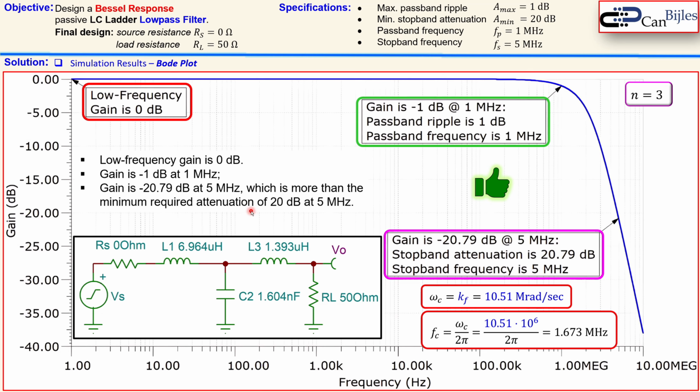Alright, that was our example considering the design of a Bessel response passive LC low pass filter circuit. And we have done this for a specific situation where the source resistor is 0, and we have looked at the specific ratio of the load resistor and the source resistor in the Bessel response table to design this circuit.